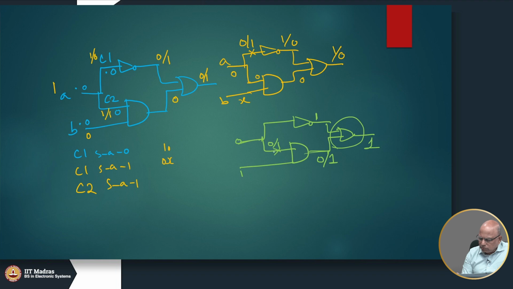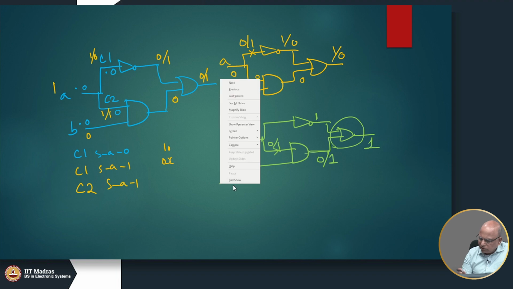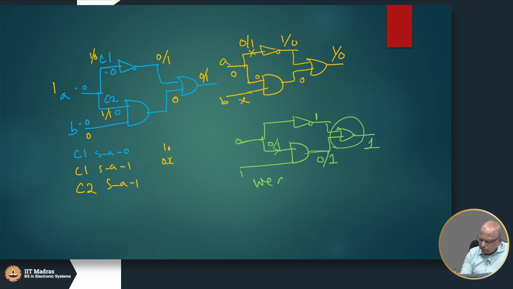This 0 is required to activate this fault, but unfortunately this 0 also causes a 1 here, which prevents it from propagating to the output. So, there is a conflict, right. That means we are not able to detect, we cannot have a test for C2 stuck at 1. Okay.